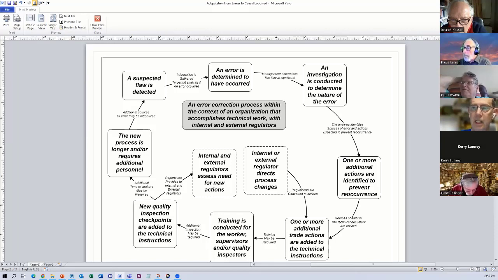And of course, to me, no surprise, the error rate did go down. Huge surprise to many of the other leaders in the organization, because they had viewed all of those additions as necessary without understanding the systemic effect of that.